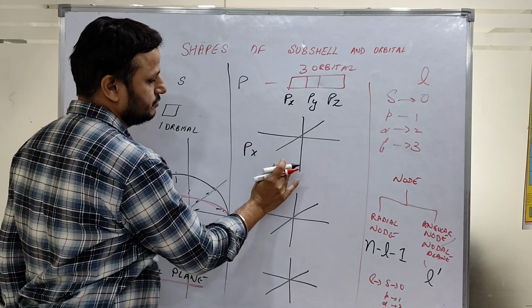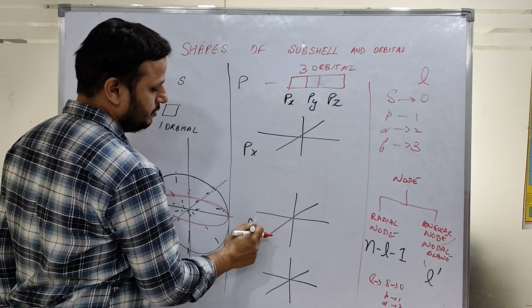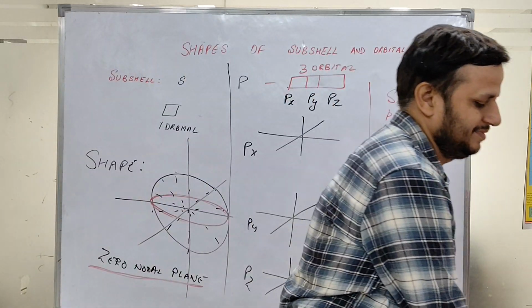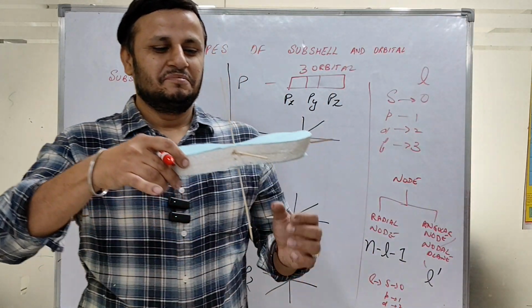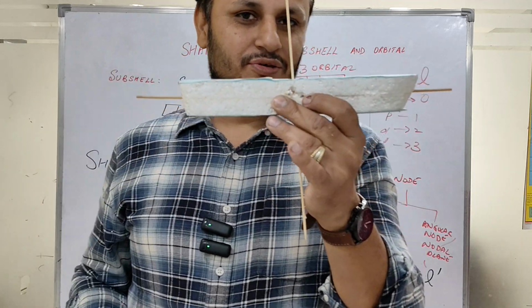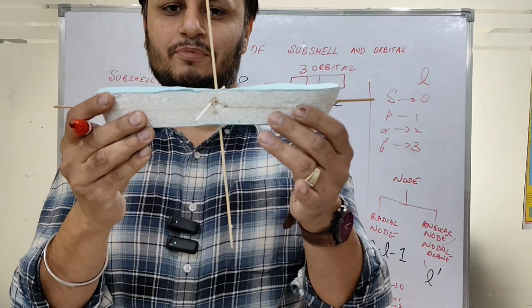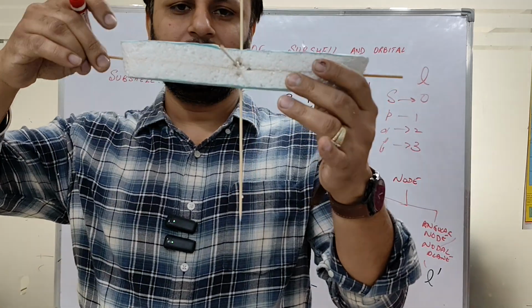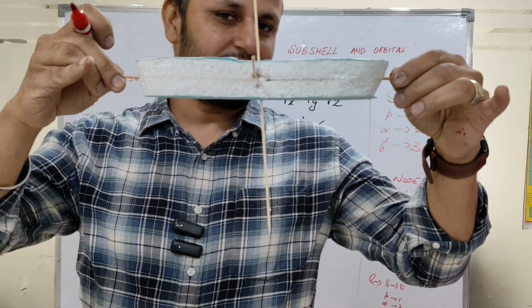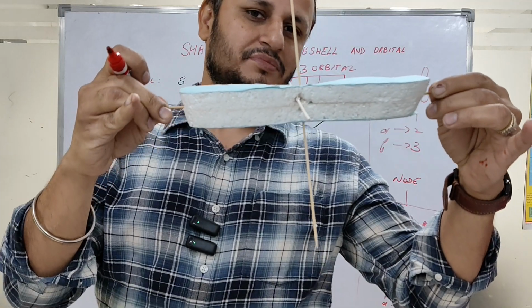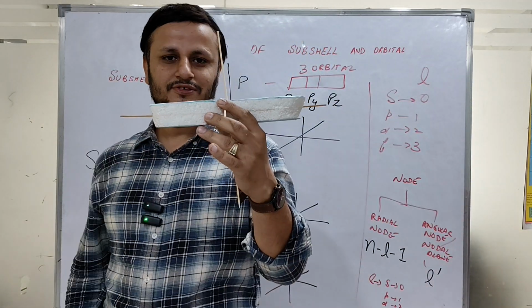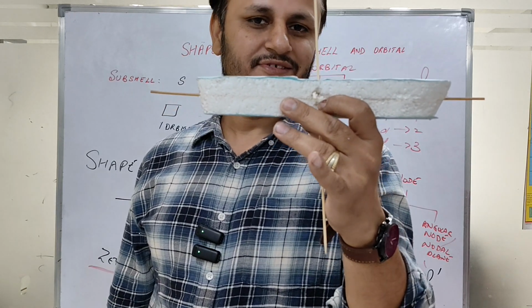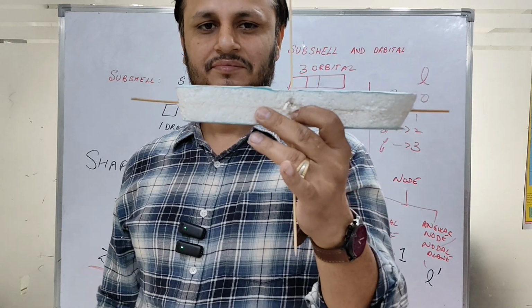So Px means the dumbbell; the shape of P is a dumbbell, and the dumbbell lies along the x-axis.